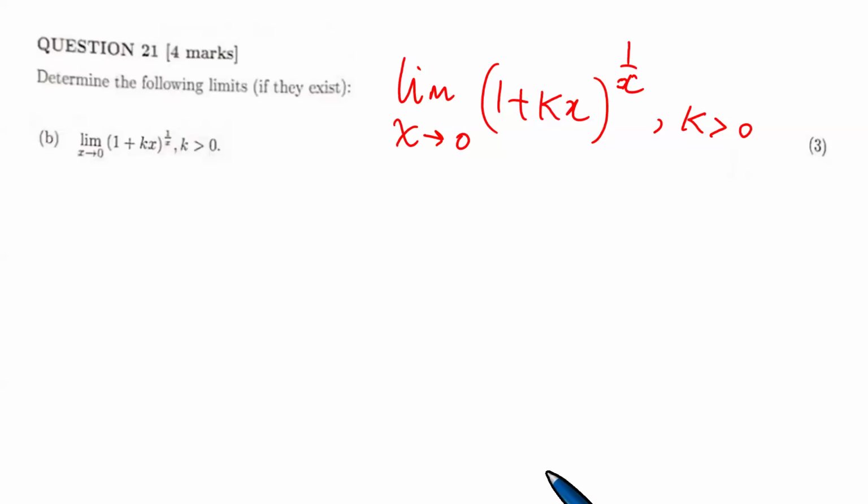I got the answer as infinity. You got the answer as infinity. Let us check if this is the case.